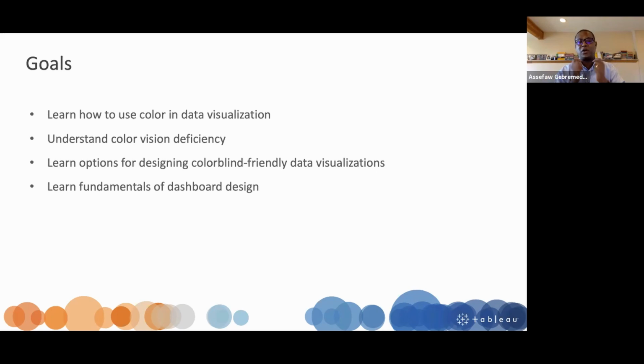I want to talk about something that might be a surprise to very many of you: people's color vision deficiency, and the science of it a little bit, and what you can do to avoid having to torture people like that and have data visualizations that are friendlier to them. And I want to talk a little bit about this book, as I just showed you, the big one, and it has a very funny name, the Big Book of Dashboards.